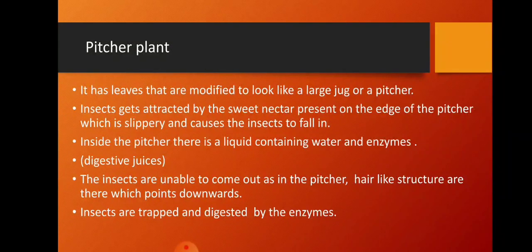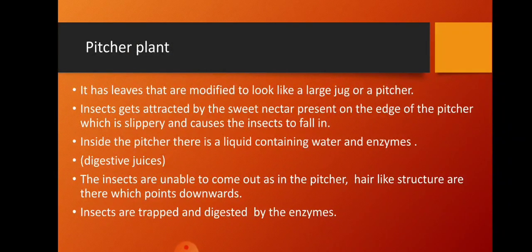The very first is the pitcher plant. The pitcher plant has leaves that are modified to look like a pitcher or a large jug. The meaning of pitcher in itself is a large jug or a large container.